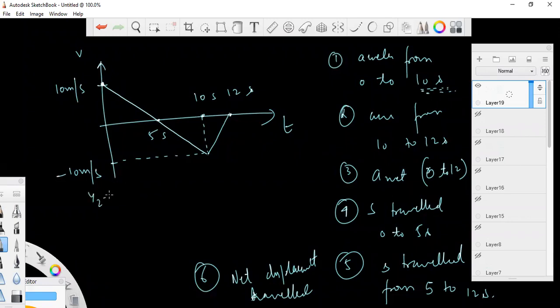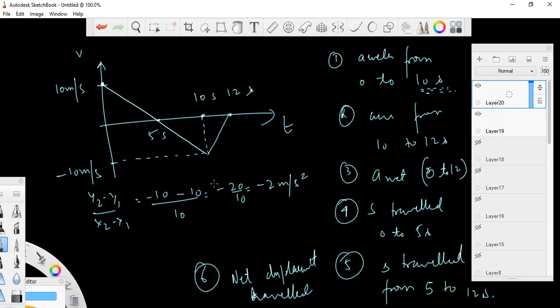The slope is Y2 minus Y1 by X2 minus X1, right? So this is minus 10 minus 10, and the time from 0 to 10 is 10 itself. So the value is minus 20 by 10, which is minus 2 meters per second squared, right?